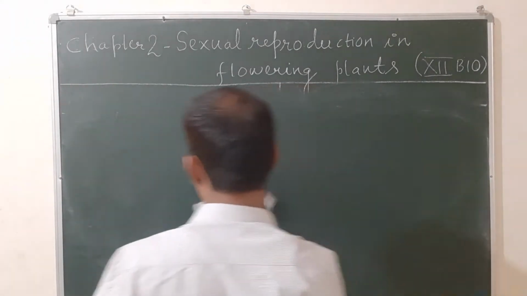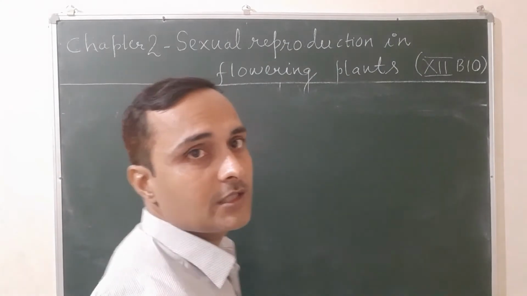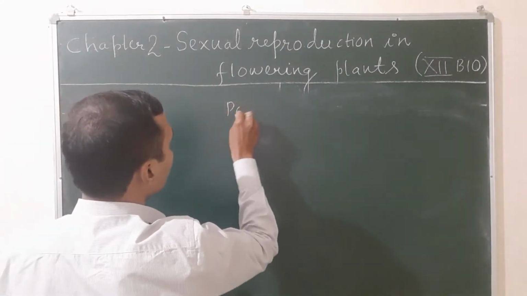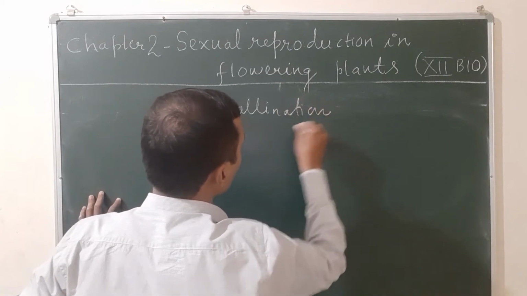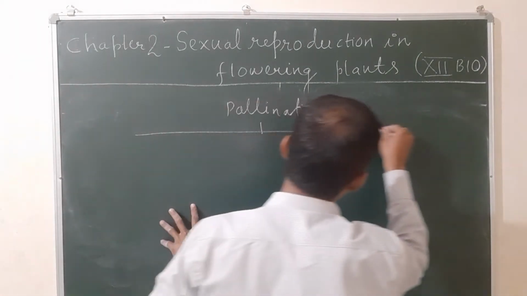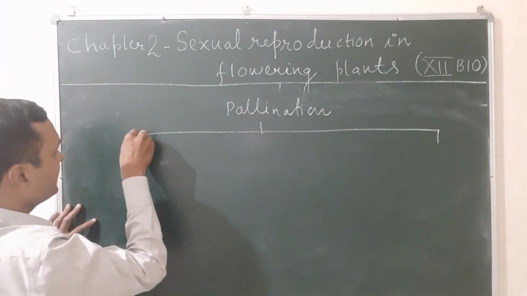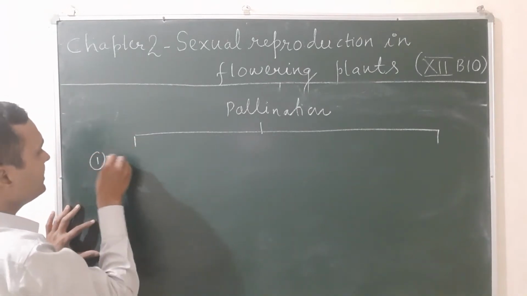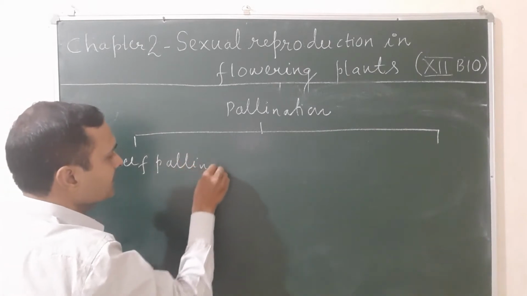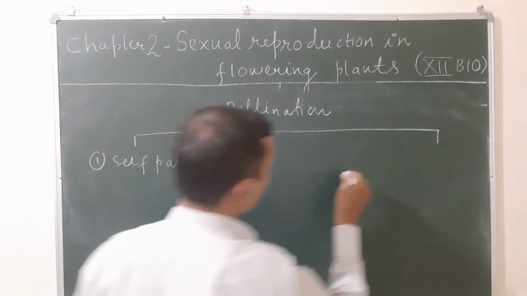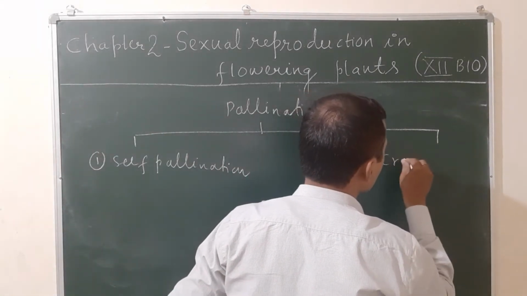The first one is called self pollination, and the second one is called cross pollination.